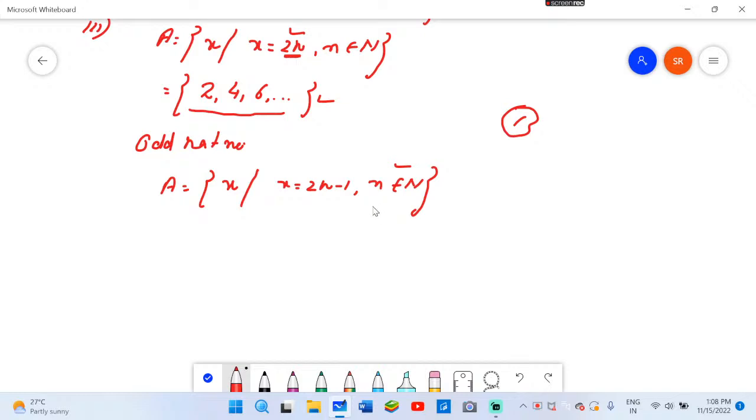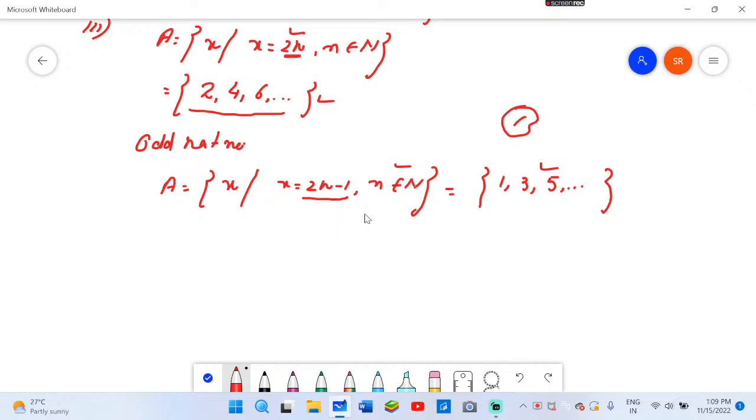It is just by common sense that we make the prediction. See, put n is equal to 1. Let us verify it to be the true statement. N is equal to 1, 2 minus 1, it becomes 1. Then put n is equal to 2, 2 into 4 minus 1, it is 3. And put 3, 2 into 3 is 6, 6 minus 1, 5. So these are all odd natural numbers. It means the general form of odd natural number is 2n minus 1.